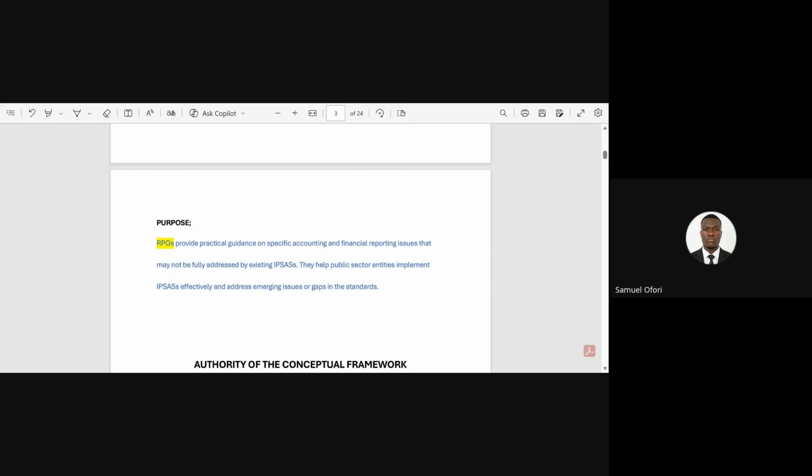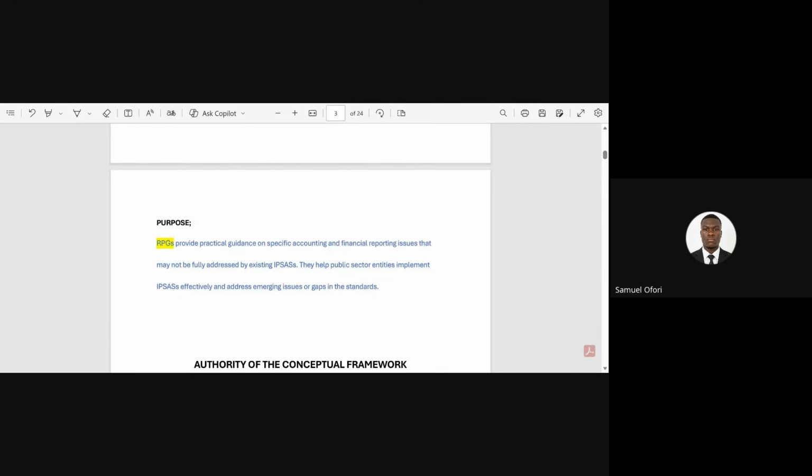It actually helps public sector entities to effectively address issues and gaps in the standard, because it is like a guide. Whenever, let's say, you are in an audit firm, you have guidelines in doing your audit. In the same way, these recommended practice guides help in resolving issues in the standard. So that's all for the recommended practice guidelines.